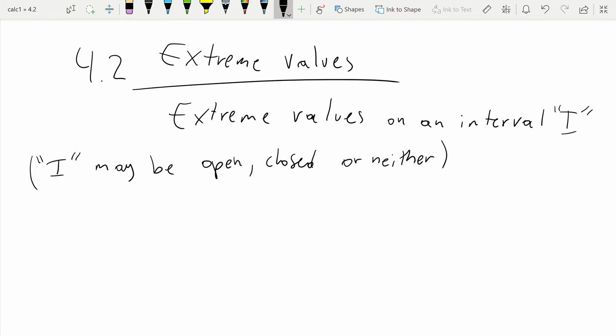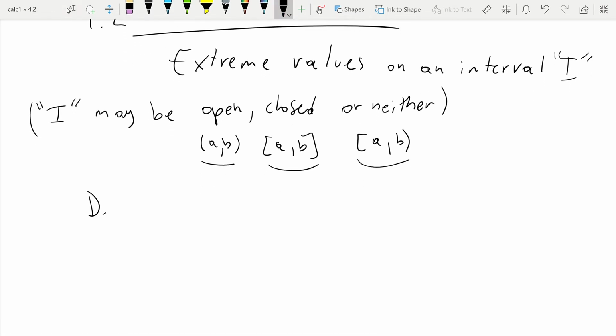Open is the case when you have (a, b): all the points that are greater than a and smaller than b, but not a and b themselves. This is the open interval. Here you have a closed interval, so it's the same as before, but you're also including a and b. Or neither: for instance, the case of a half-open interval, like [a, b), so everything that is greater than or equal to a, but strictly smaller than b.